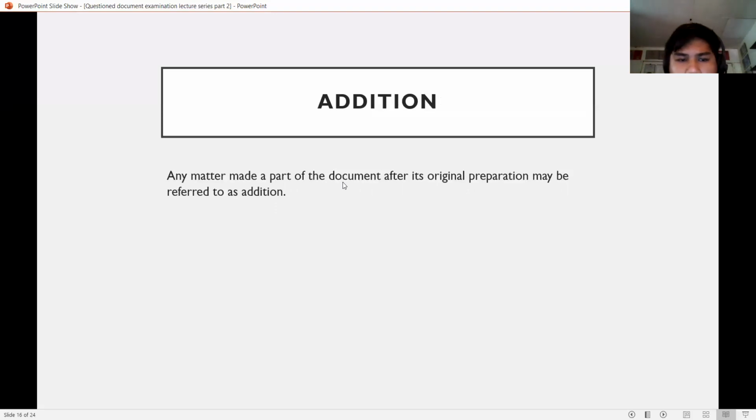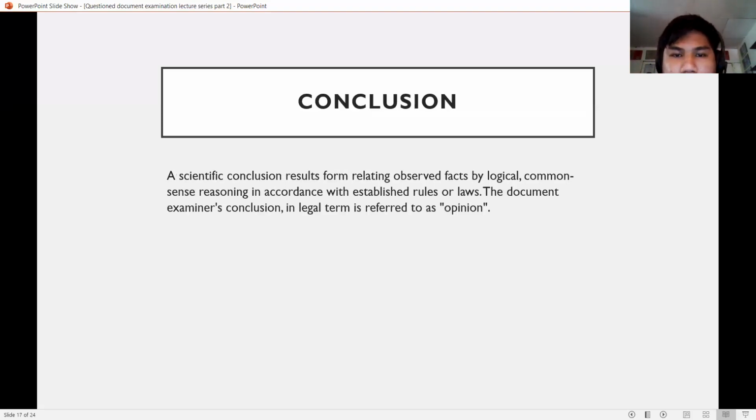What's addition? Addition is any matter made a part of the document after its original preparation. So from the word addition, you add something to the document. And conclusion. It is a scientific conclusion that results from relating observed facts by logical, common sense reasoning in accordance with the established rules or laws. And the document examiner's conclusion in legal term is referred to as opinion.